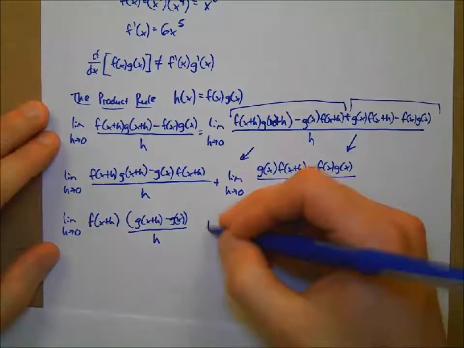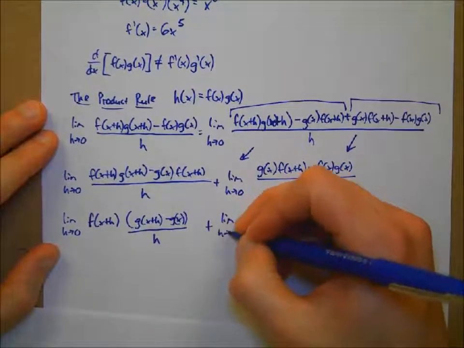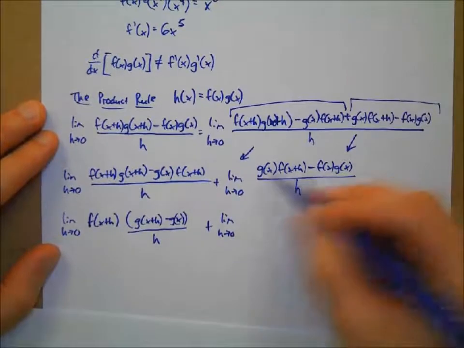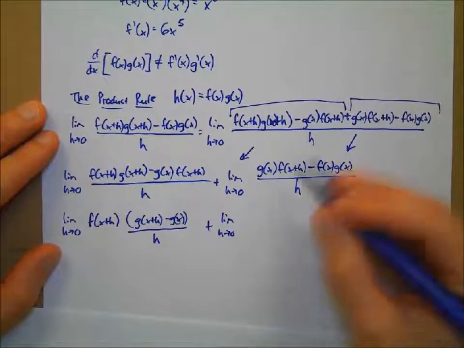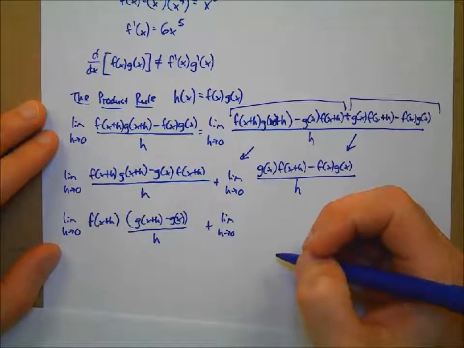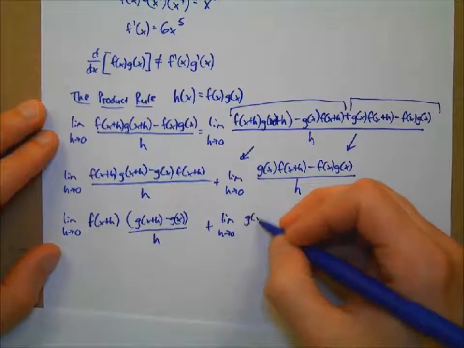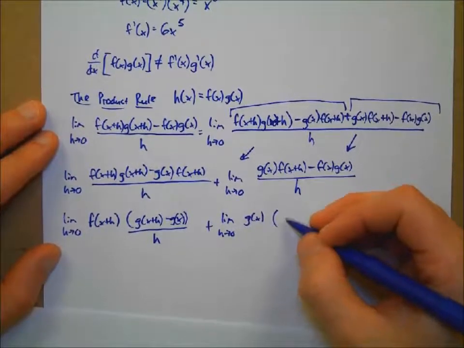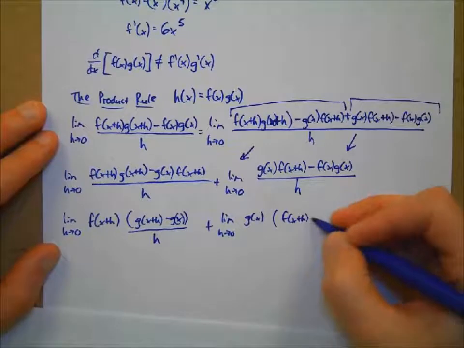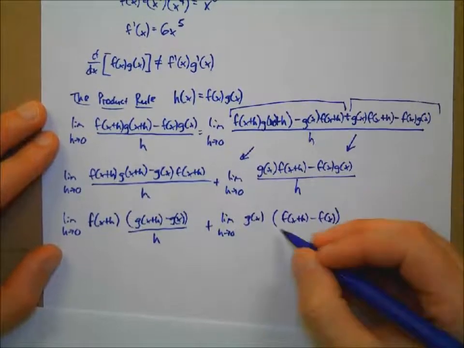Plus the limit as h approaches 0. And what GCF can I factor out from this one over here? G of x. Okay, which leaves behind then f of x plus h minus f of x, all over h.